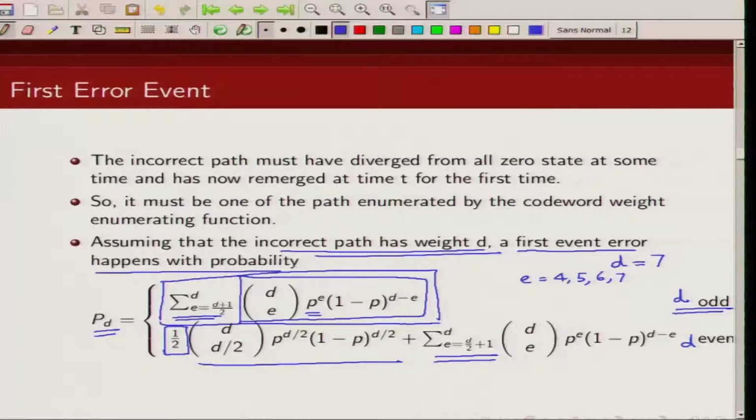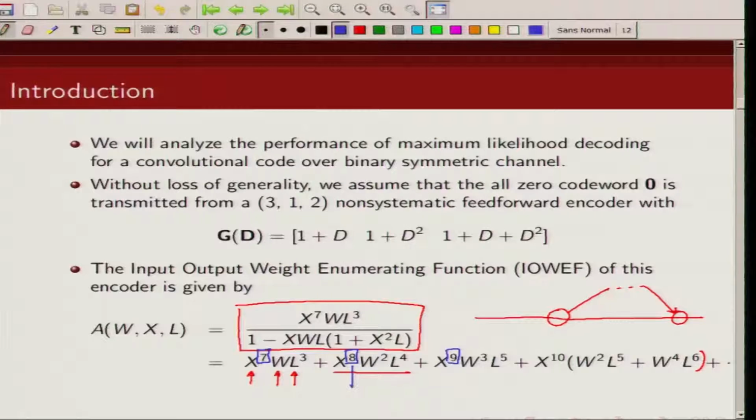So, for example, in this case we had one path of weight 8.